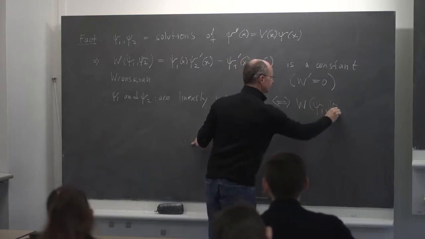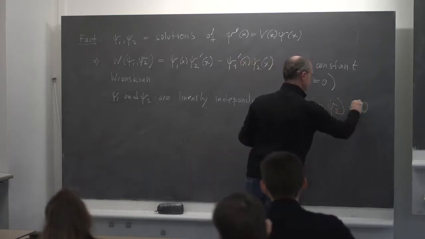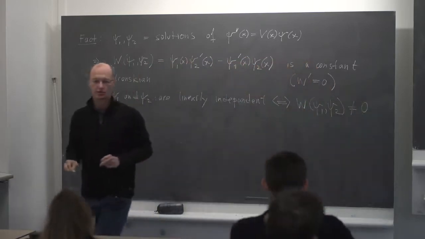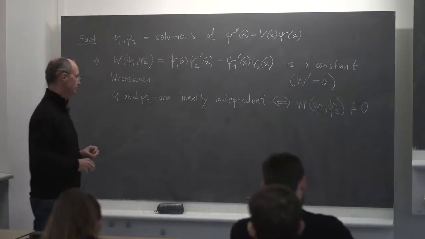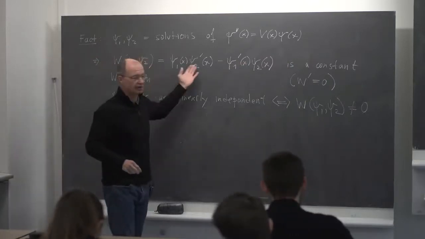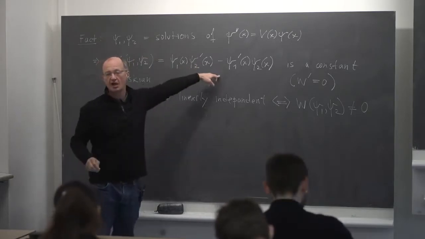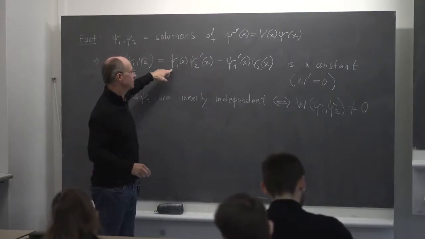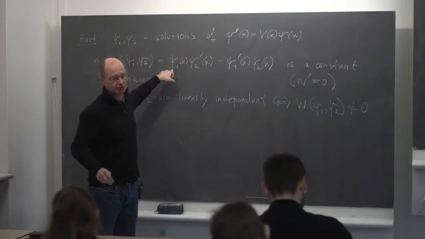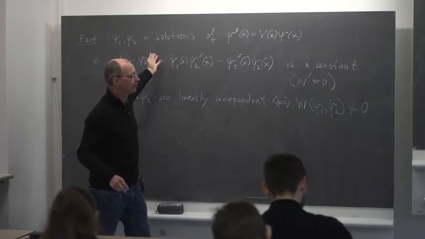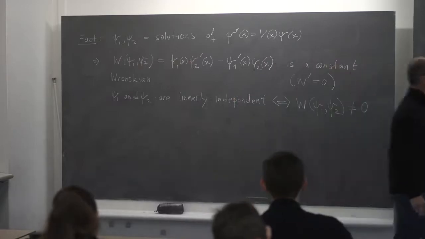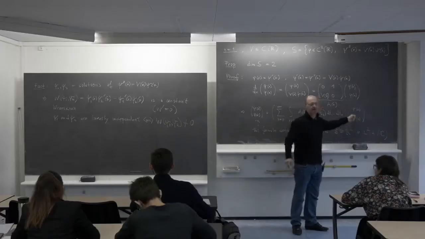If and only if the Wronskian is non-zero. Again, you can easily check this because it's independent of x. This means you can compute it when x is equal to 0. So when x is equal to 0, psi prime is actually phi.